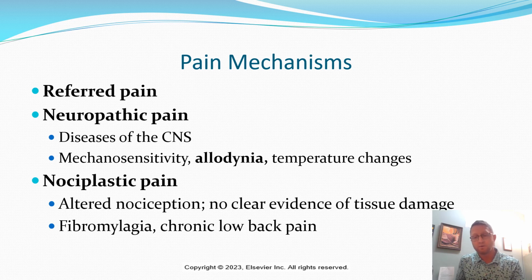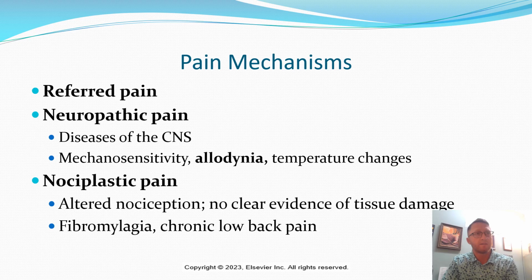We're getting that nerve root compression via a herniated disc or something like spinal stenosis, and we're experiencing pain further distal to that area where it's actually originating from. So there's a lot of different pain maps out there for referred pain. We'll look at those in later courses when we get to therapeutic exercise, but that's what referred pain is.